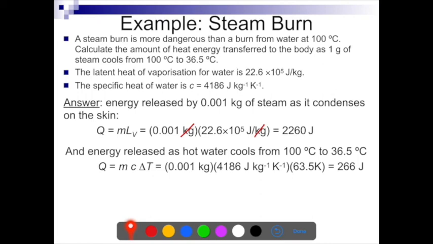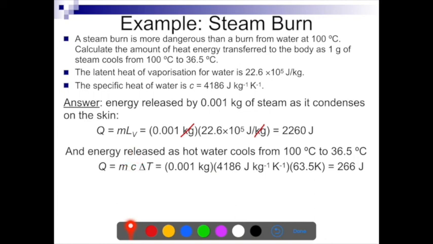In this case, it's the temperature of water that changes from 100 degrees Celsius to 36.5 degrees Celsius. And the assumption is all of the steam has been converted to water. So the mass of the water will be equal to the mass of the steam, which will be 0.001 kilograms.